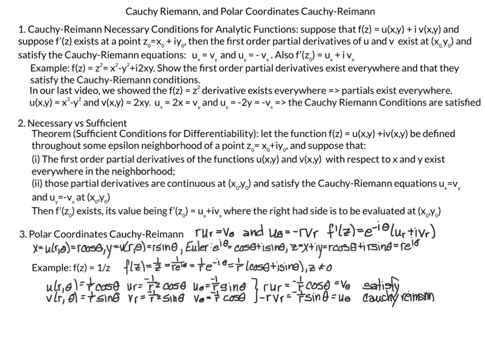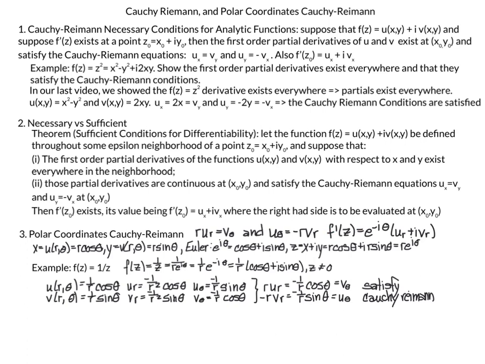Finally, we have the polar coordinate conditions for Cauchy-Riemann. So if our function f(z) is written in terms of our polar coordinates or our exponential form, then these are the conditions that are met: r times the partial of u with respect to r is equal to the partial of v with respect to theta, and the partial of u with respect to theta is equal to minus r times the partial of v with respect to r.